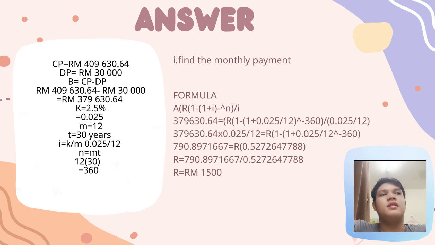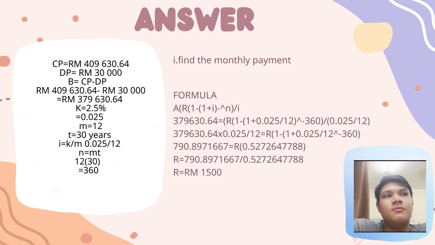Then the formula is the same. Usually it will be A equals R bracket 1 minus bracket 1 plus I bracket negative N bracket per I. For A, it will be 406,630.64 equals R bracket 1 minus bracket 1 plus 0.025 per 12 bracket negative 360 brackets per 0.025 per 12.